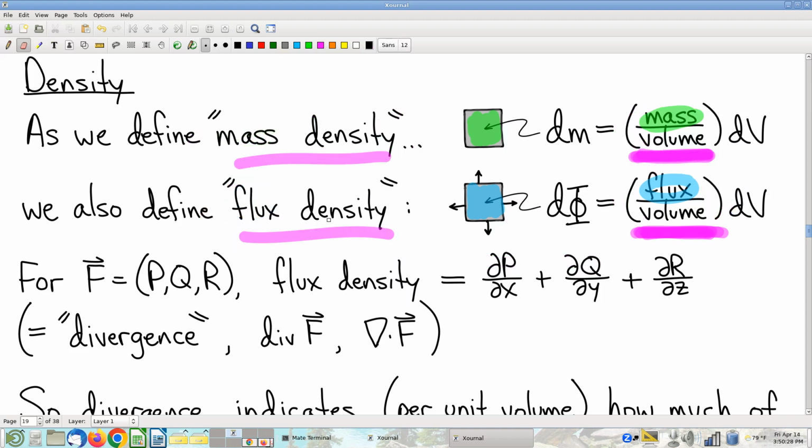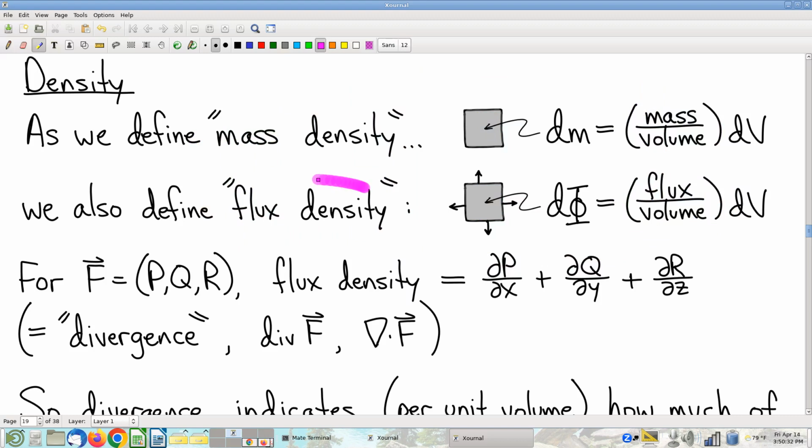Okay. And I can make this argument again because we've agreed above that this quantity flux is an accumulating quantity, can be thought of as having locations and distributions throughout the interior. That's why this makes sense. Okay, now then the question becomes this thing, flux density. What is it? How do I compute it?